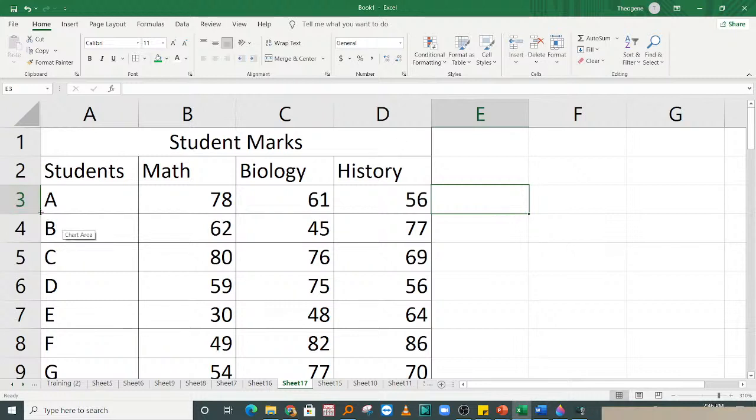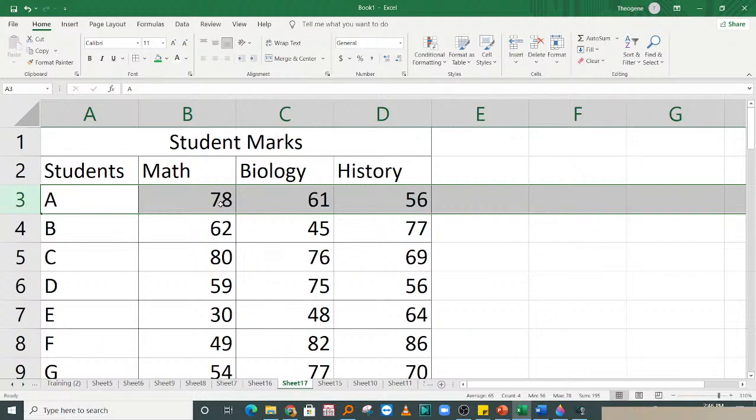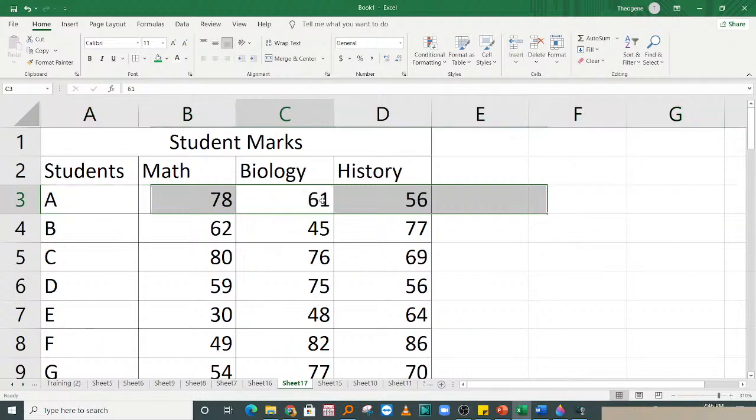So student A has obtained 78 marks in mathematics, 61 marks in biology, and 56 in history. This one might be good at studying things related to nursing, medicine, and things like that, because he failed history, but he's good in biology, he's good in mathematics, can study applied mathematics and whatever, I don't know.